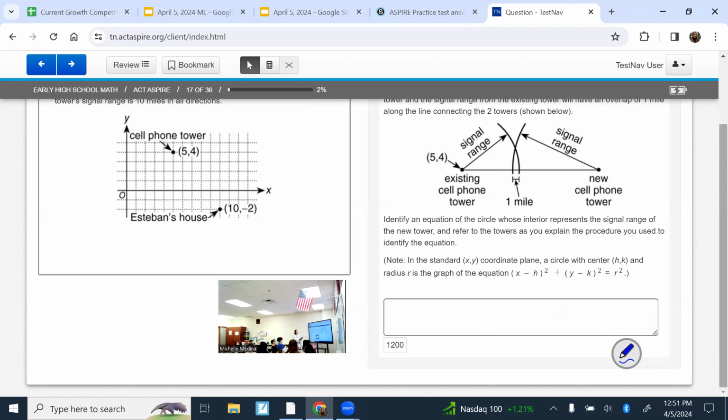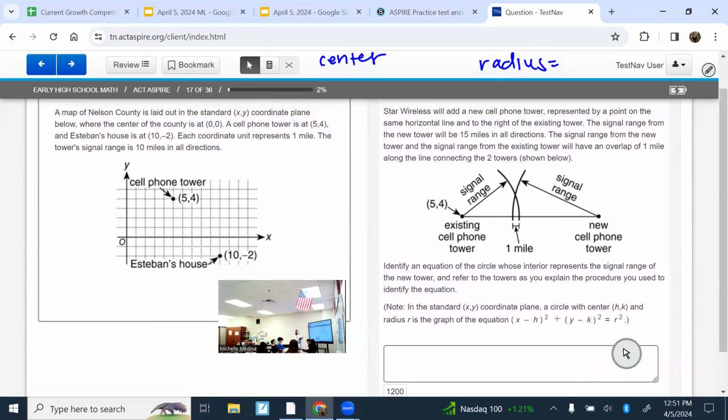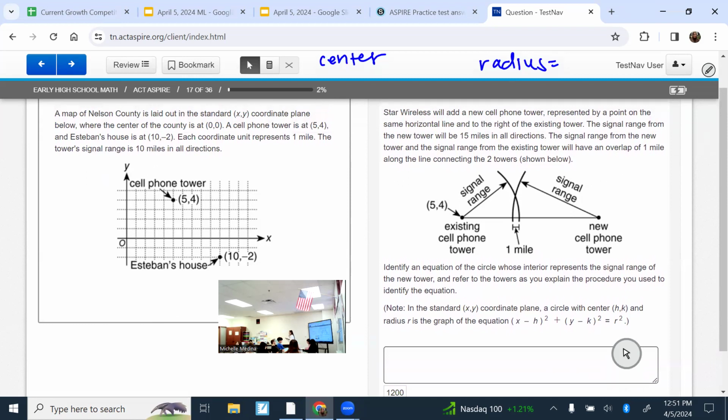So I need the center of my new circle and the radius of it. The radius we can figure out right now based on this information. What's gonna be the radius of the new cell phone tower? 15, good. I need to figure out the center of it using the other information they gave me.